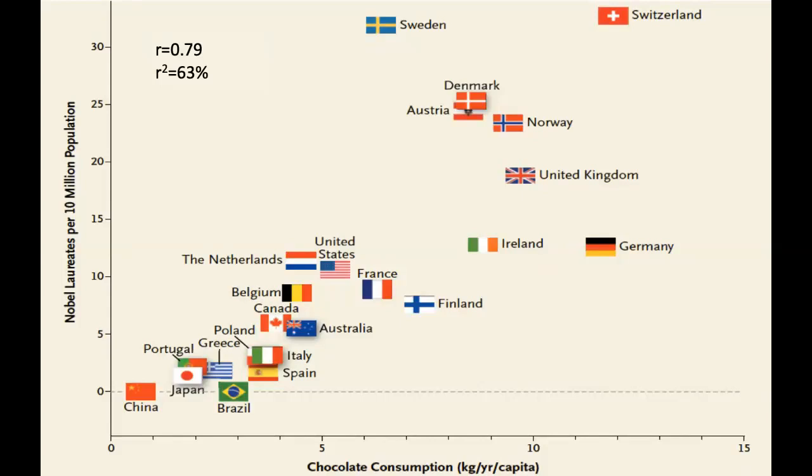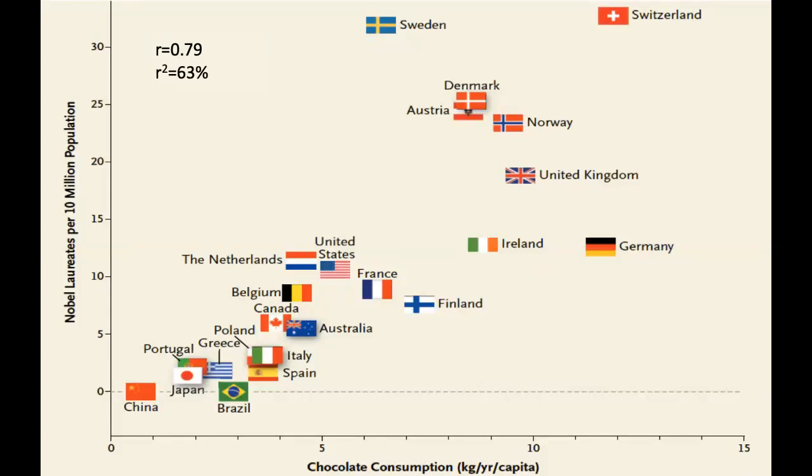This actually appeared as a spoof in a medical journal and was then picked up by some newspapers as being real news. Along the bottom scale is how much chocolate is consumed, I think in 2012, in kilograms per year per head of population. You can see that Germany and Switzerland are consuming more chocolate per year than anybody else. China is consuming less.